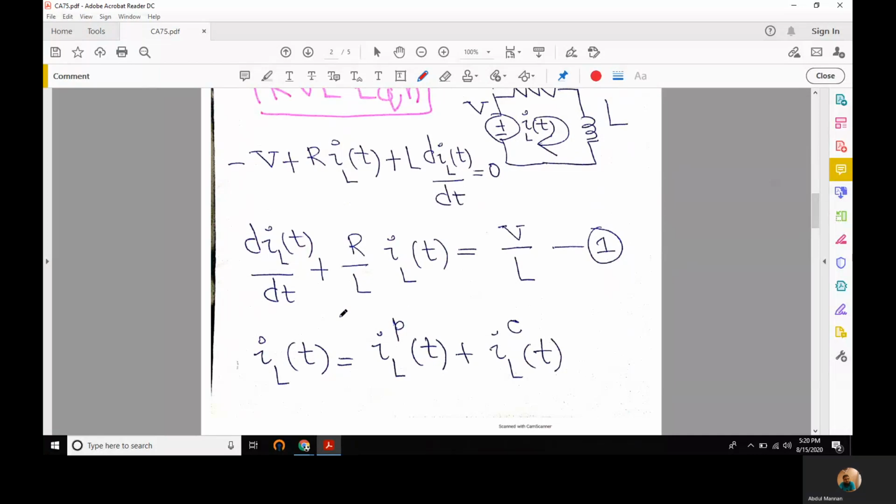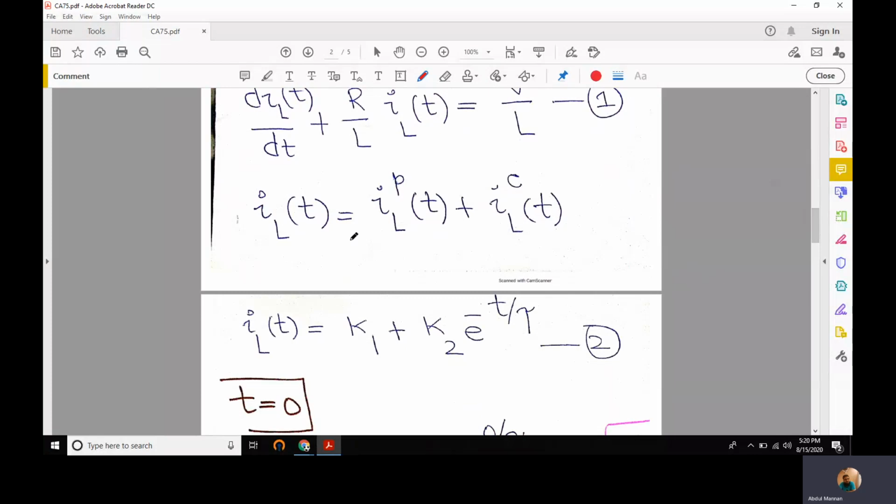We studied in the last couple of lectures that for these kinds of first order differential equations, where we have a constant term on the right hand side that is not a function of time, we have a general solution: the particular solution and the complementary solution.